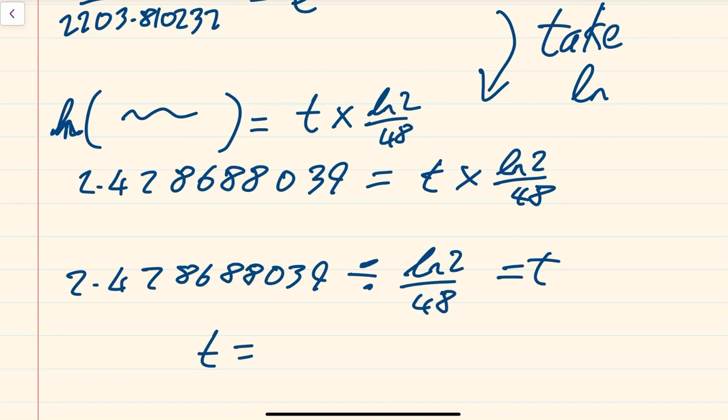So my t is equal to 168.18, and we'll go for 168.85 hours. So that was my t in hours.